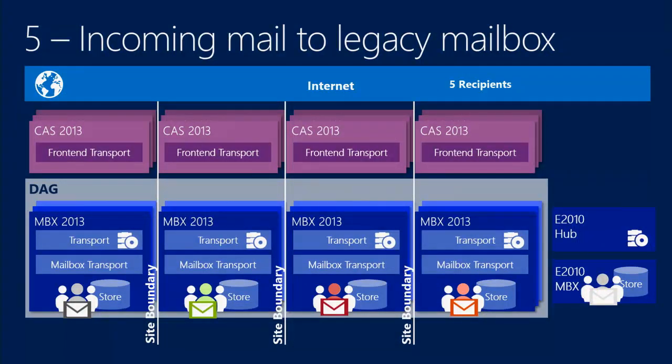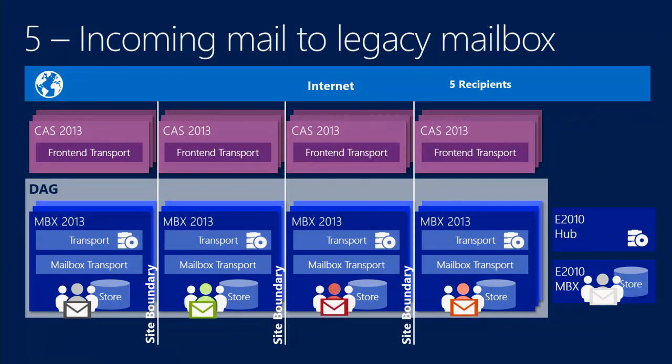In this case, if a message needs to transition a site boundary, is it going to send that whole message over as one with all of its recipients, or split it up and then send it over the site boundary? We prefer to reduce the number of copies. So our goal is to not split it up, if at all possible. Other actions could force that, like journaling.